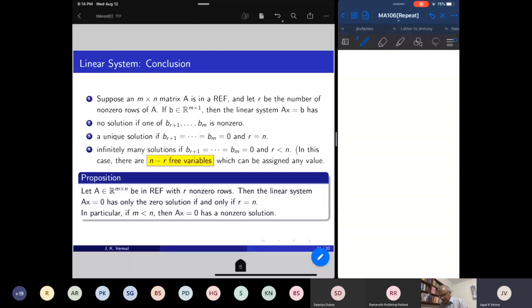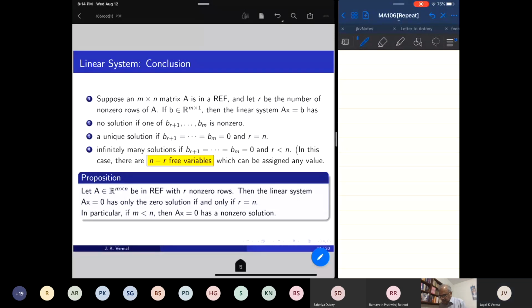Look at the situation. We have two equations and say 4 variables. The number of rows is 2, and therefore the number of pivots cannot exceed 2. Therefore there will be at least 2 free variables.